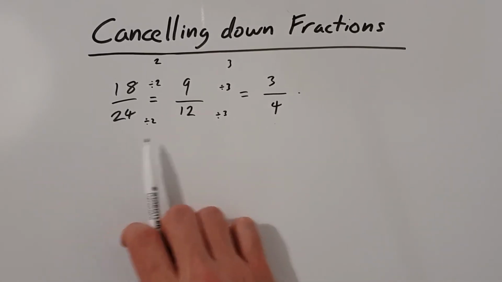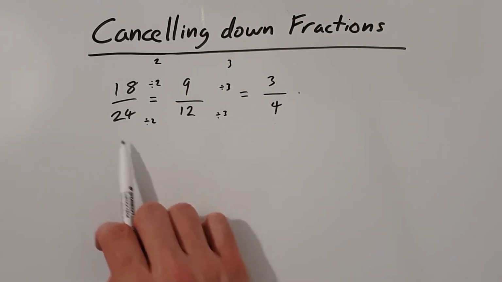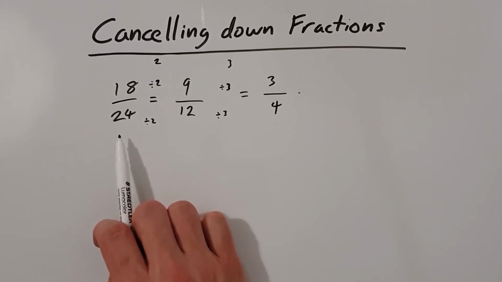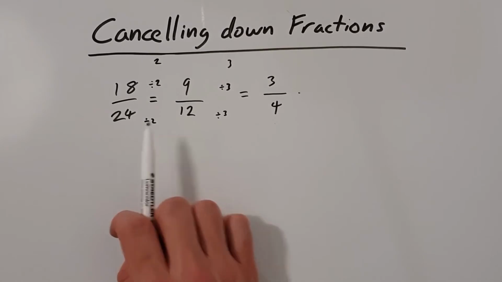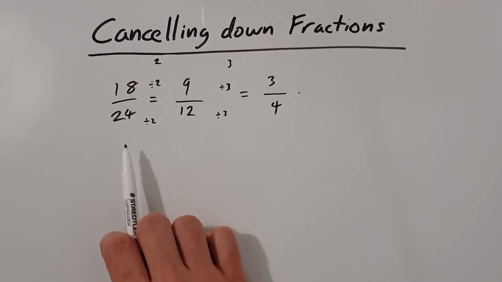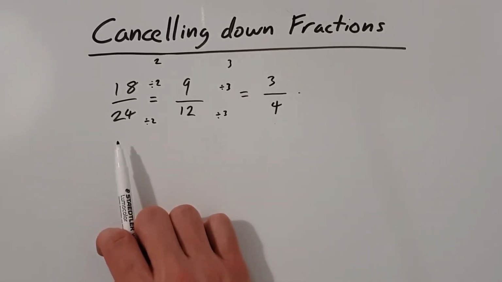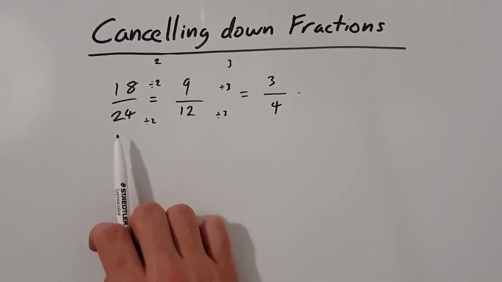So another way you can do this, if you start at the very beginning at 18/24, to do all this in one step, is you can look for the highest common factor of these two numbers. So we found a common factor here and a common factor here. But if we started with the highest common factor, we could have skipped out any middle steps and gone straight to this answer. I did a whole video, guys, on finding the highest common factor, but with numbers like this, sometimes you can do them in your head.